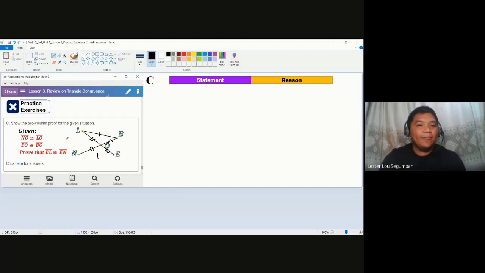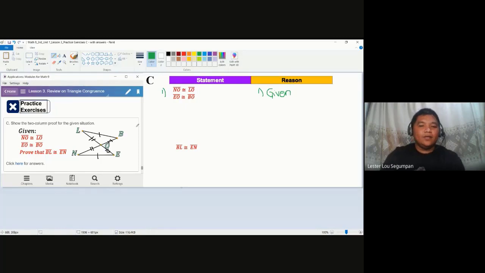To do that, let us again copy the given here. Copy this one, and then copy the item that we would like to prove and place it here at the bottom. So this is actually one, and the reason is always given.